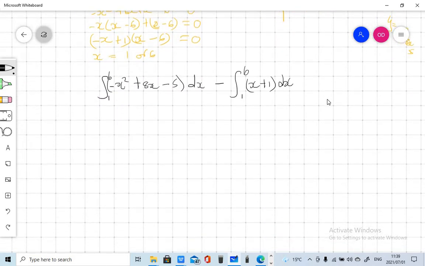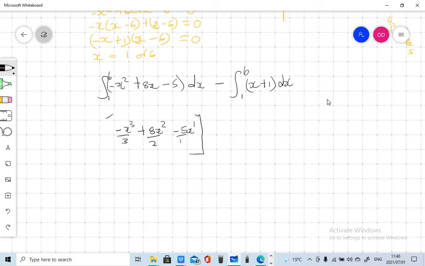Now let's do the integration. Minus x squared, when integrated, becomes minus x to the 3 over 3, plus 8x, when integrated, 8x to the power 2 over 2, minus 5, when integrated, minus 5x to the power 1 over 1.